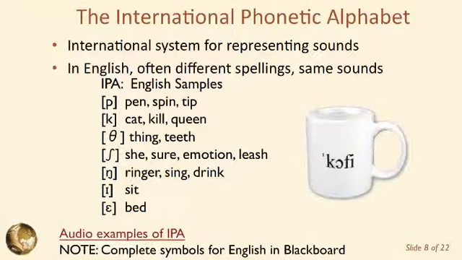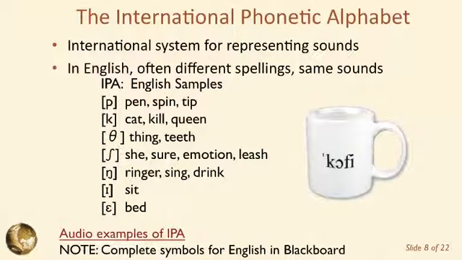And you see the symbols there for some representative sounds in English. Some of the symbols look like the way that sound is spelled typically in English. So the p sound for pen, for example, is just a p. The k sound for cat is a k.